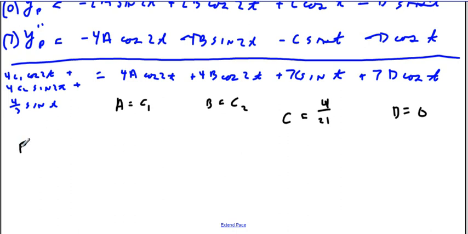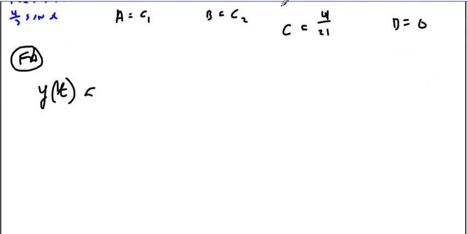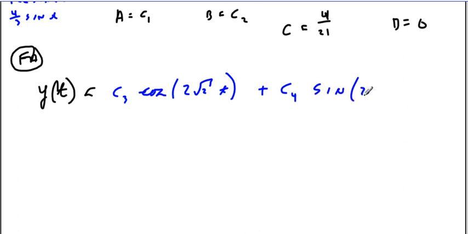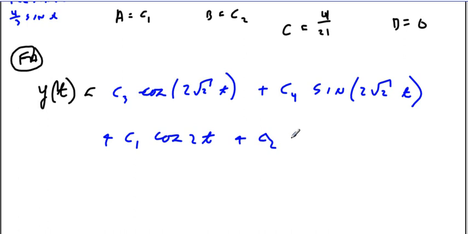Okay, so final answer. y of t is equal to, make sure I have enough room to write it all, C3 cosine 2 the square root of 2t, plus C4 sine 2 the square root of 2t, plus C1 cosine 2t, plus C2 sine 2t, plus 4 over 21 sine t.